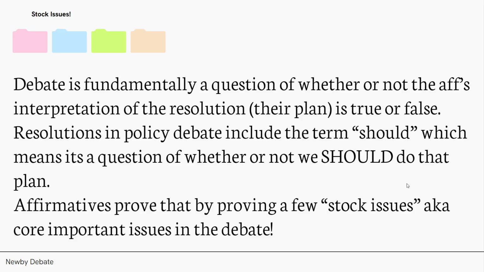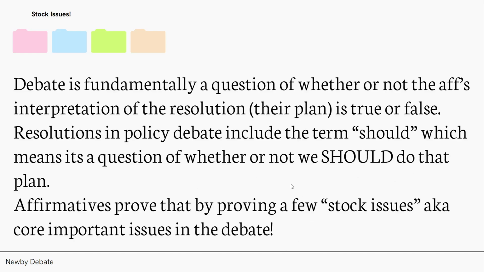The resolution might be a wholesale statement like we should establish national health insurance in the United States, but then the AF might have a specific way to establish national health insurance, which, if they prove that is true, then they're proving the resolution true. Like we said in previous lectures, it's just a recap. Resolutions use the term should, which means it's a question of whether or not we should do the plan.